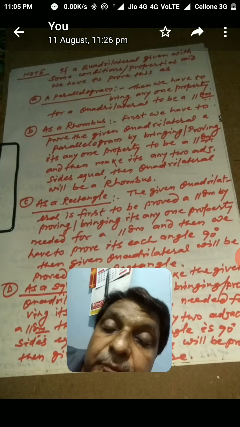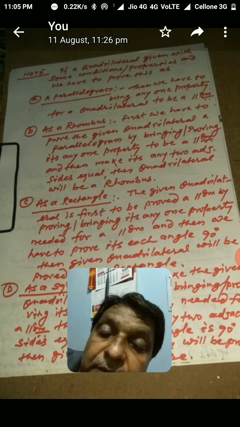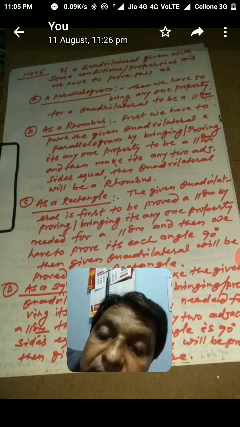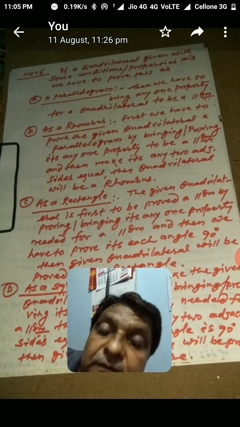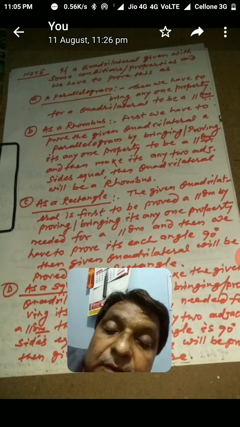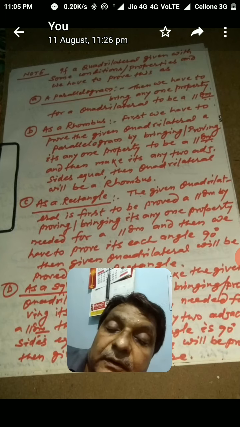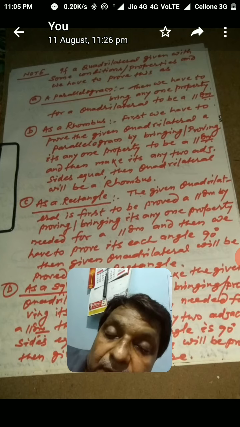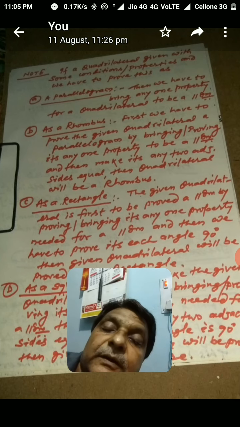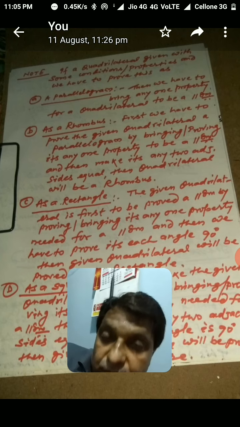Here, in the second part of this quadrilateral topic, our target is to learn what to do when a quadrilateral is given with some conditions and it is asked to prove the given quadrilateral as a parallelogram, or in some questions as a rhombus, a rectangle, or a square.